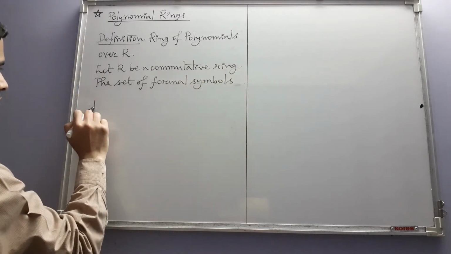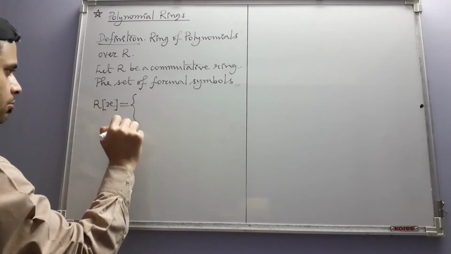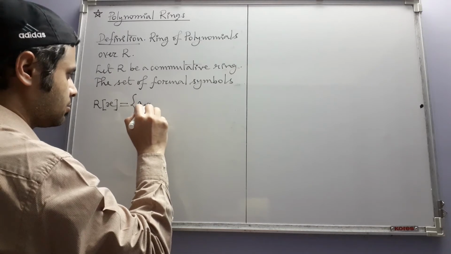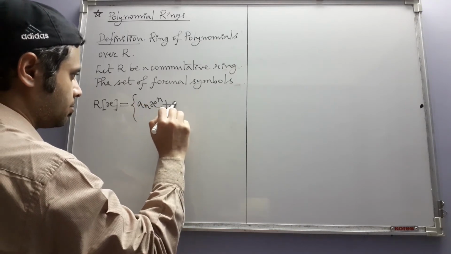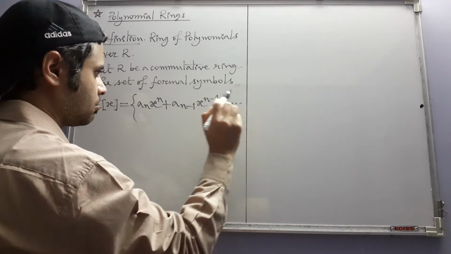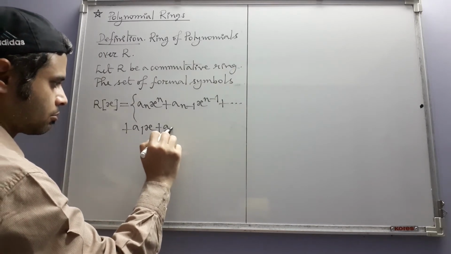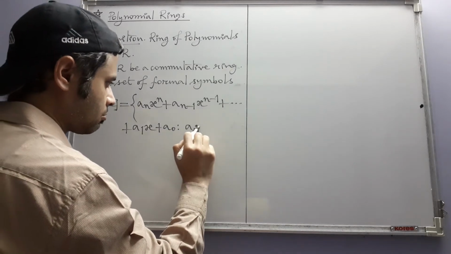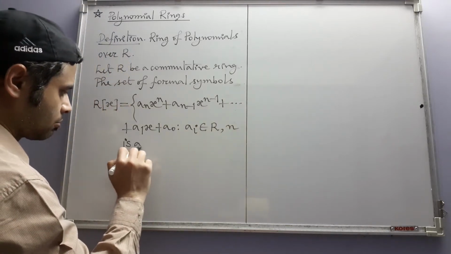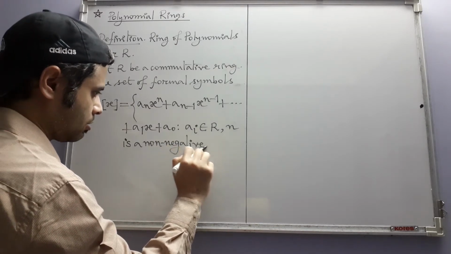The set of formal symbols, let's just first write the set and then we will see what this set is, that is what its elements are, where n is a non-negative integer.